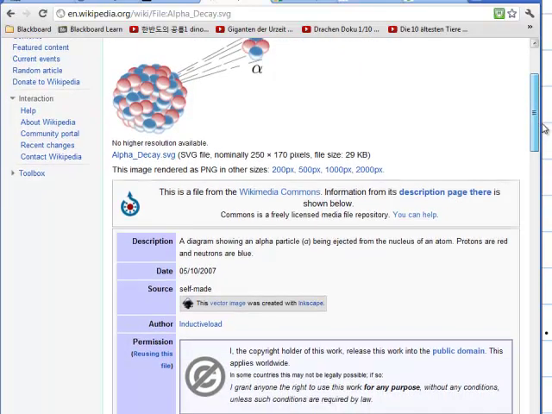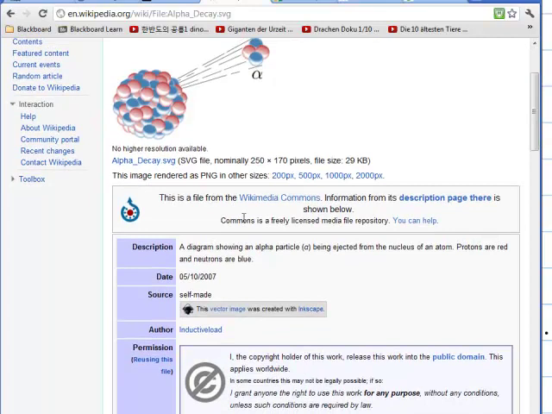Imagine that this alpha particle here, which is nothing but a helium atom nucleus, is trying to penetrate into this huge nucleus, which may be a thorium nucleus, and when it penetrates in there it becomes uranium because of the addition of the 2 protons inside the helium nucleus.